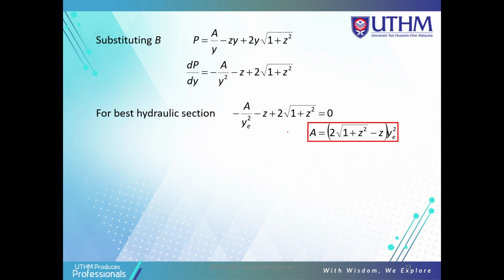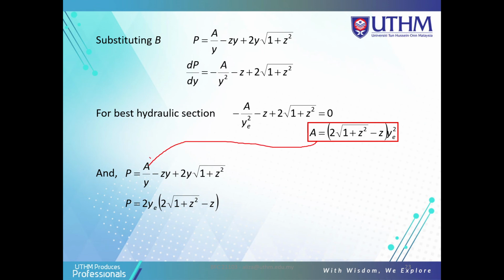So you get A here, in terms of Y E. And for P, you use the P at the first and put back the A here, so you get P here.